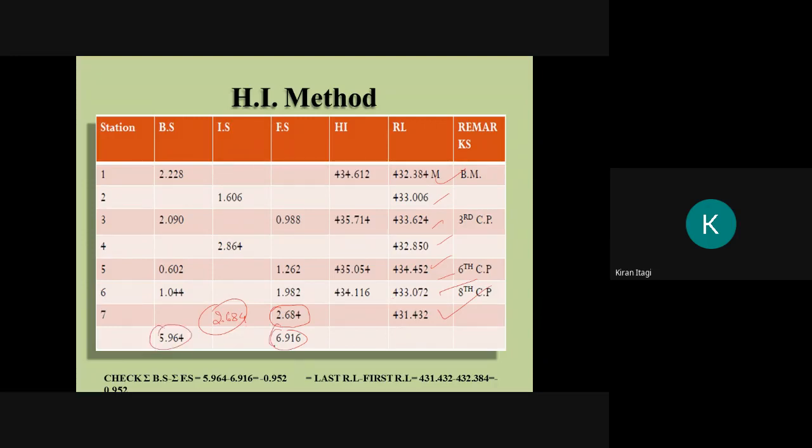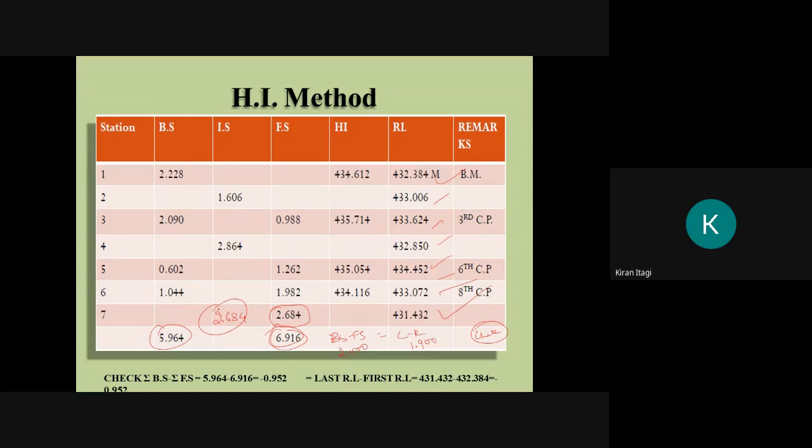But while checking summation of BS minus FS equals last RL minus first RL, they won't get the check correctly. They will get a different error. Say here they have got 0.000, here they will get 1.990. The check will not be correct.